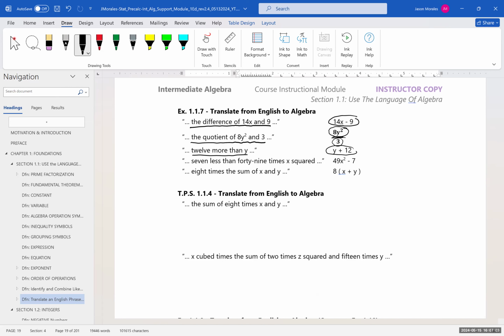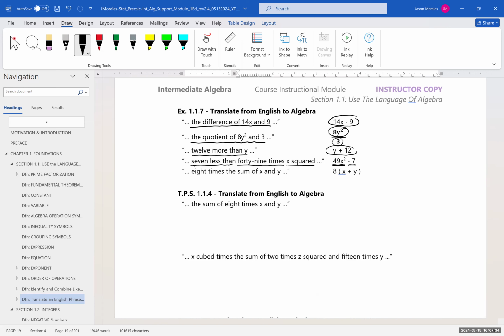7 less than 49 times x squared. What's kind of strange is you sometimes have to reverse the order of what you read from left to right. So it says 7 less than 49 times x squared. Here we've got 49 times x squared, and then 7 less than that is minus 7.